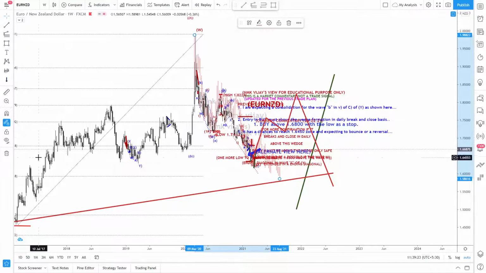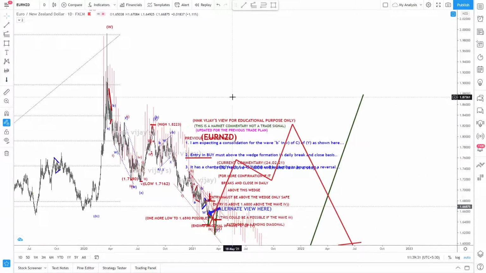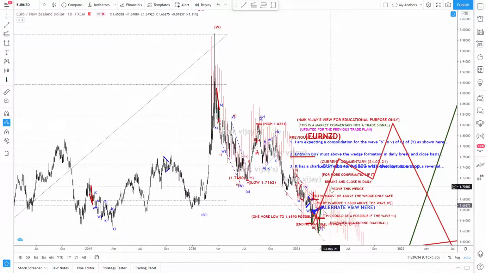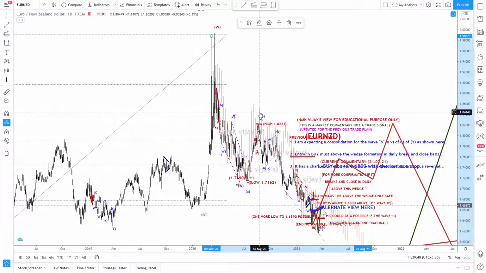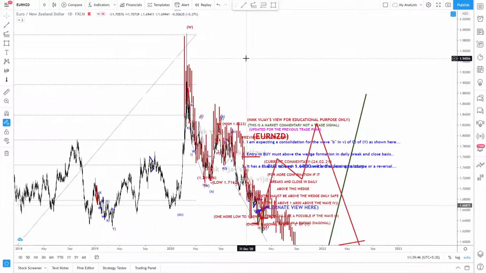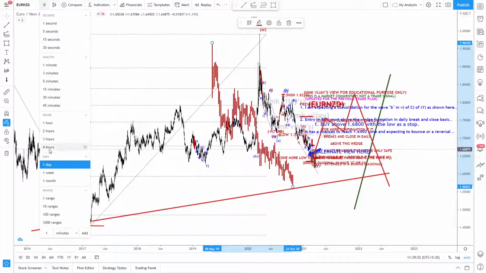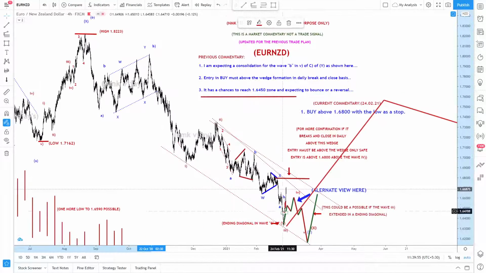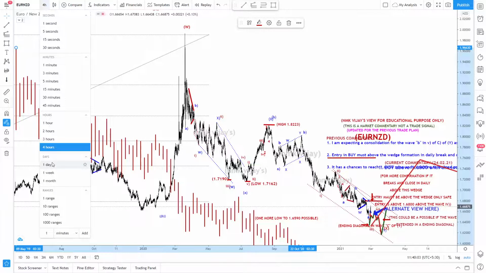So whether it is making another wave, one second, the daily, this is what I need. Whether it is making one more wave on that 4-hour chart, whether it is making a fourth wave a little bit, and then again one more complex correction for that wave to the downside.